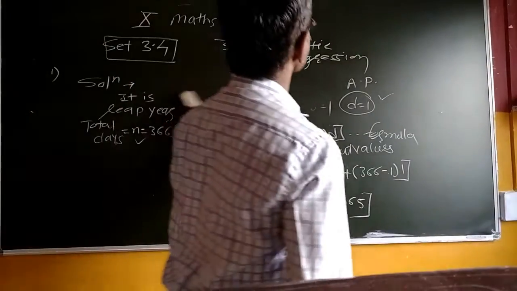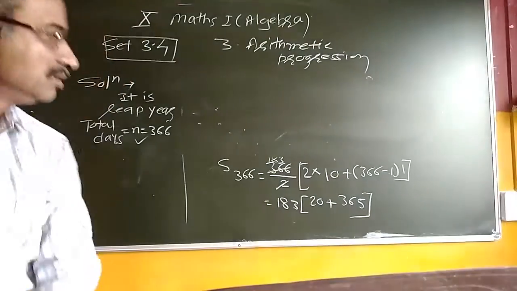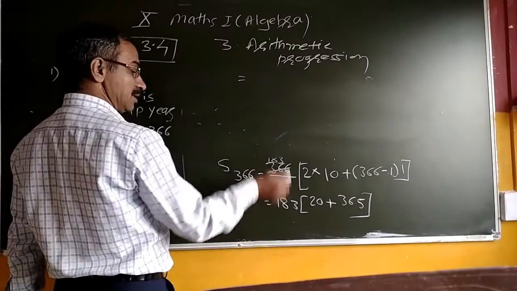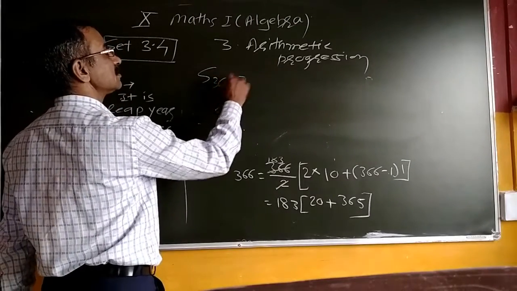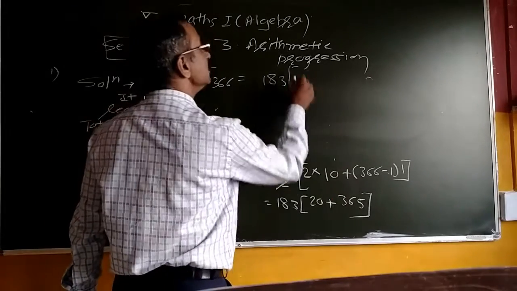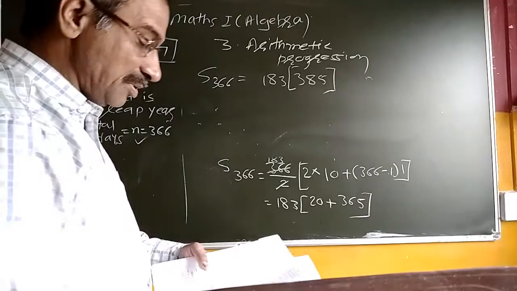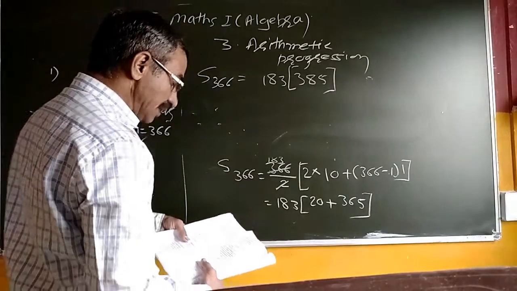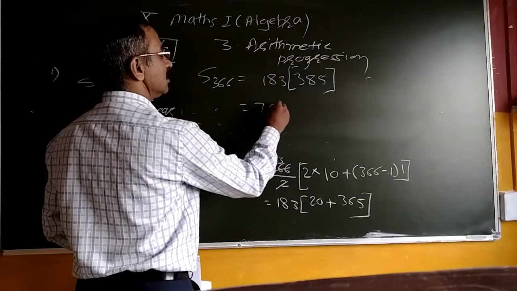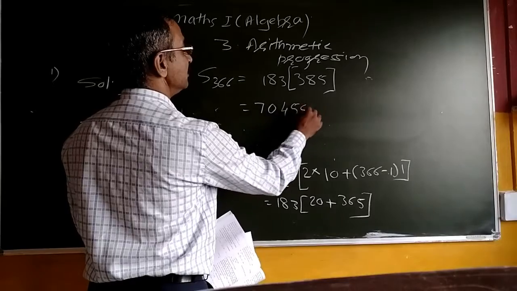Then by solving it, we get S366 is equal to 183 into the sum of 20 and 365, by adding these two, this is 385. Then the multiplication of 183 into 385 is 70,455.